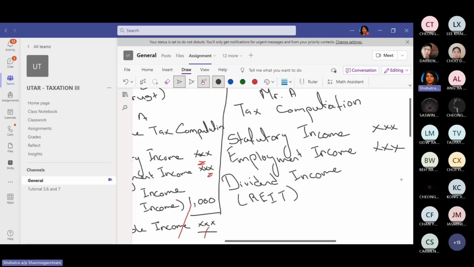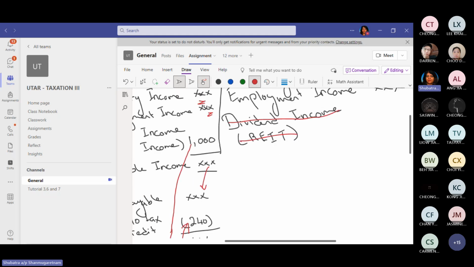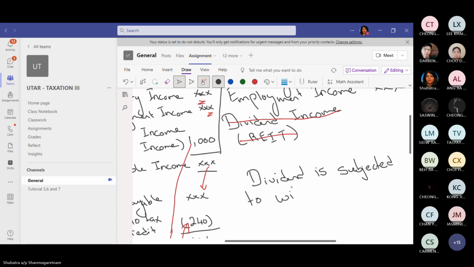You do not put anything here. This whole thing, you do not need to include. Why? Because for REIT, dividend is subjected to withholding tax.